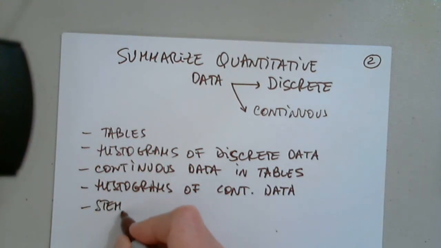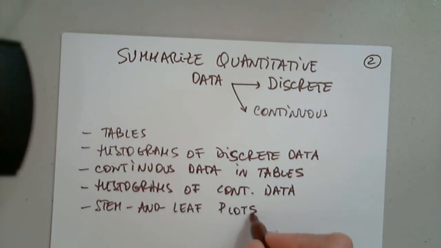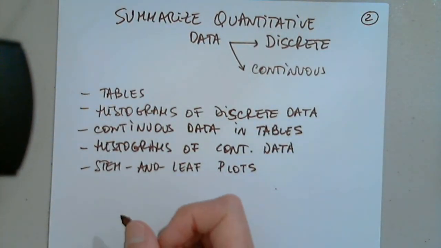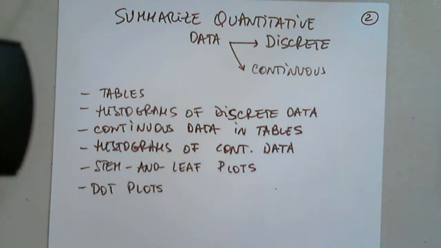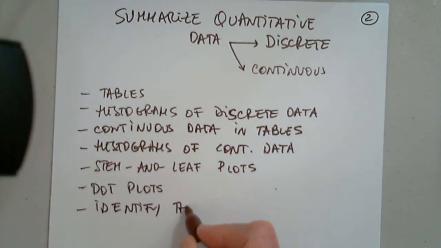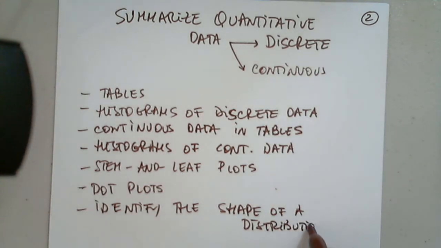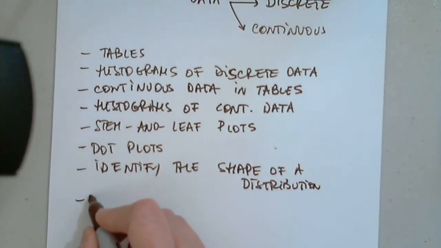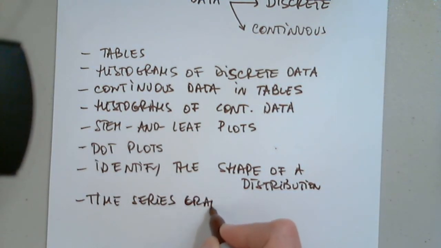Stem and leaf plots. Other plots called dot plots. Then we have to identify the shape of a distribution. And last but not least, time series graphs. So we want to look through all these.